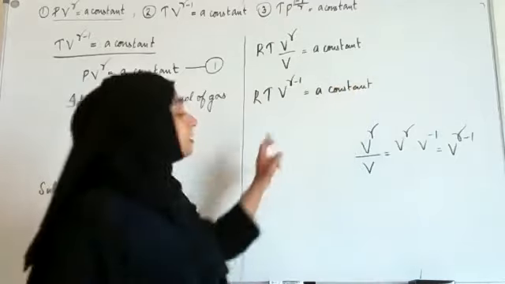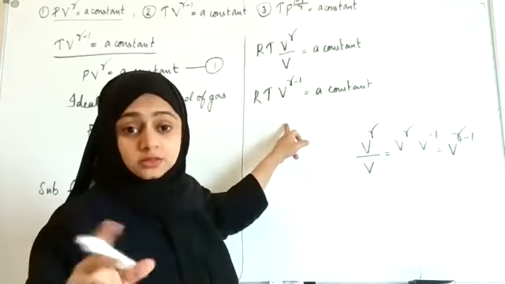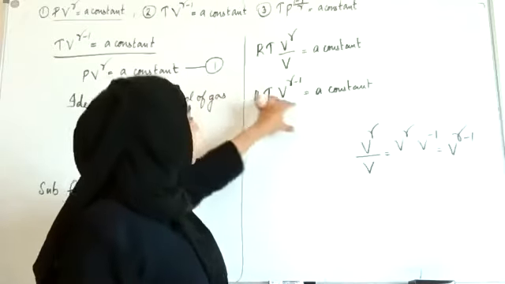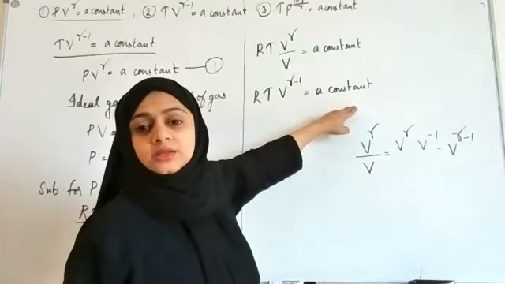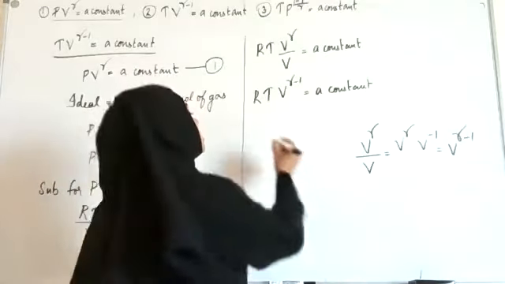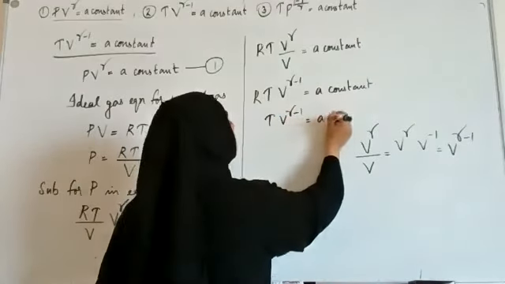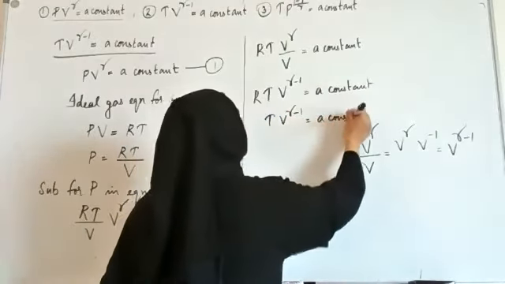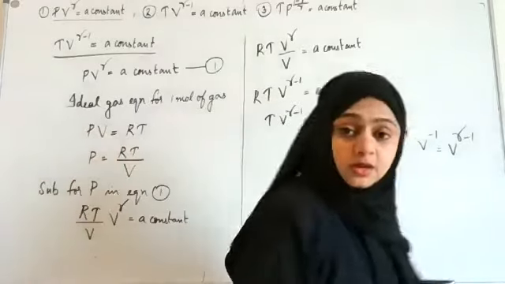You know that R is a universal gas constant having a value 8.31, right? So when I take R to this side, a constant divided by another constant will be a constant. So I can write it as T V raised to gamma minus 1 is a constant, because a constant divided by R again will be a constant.